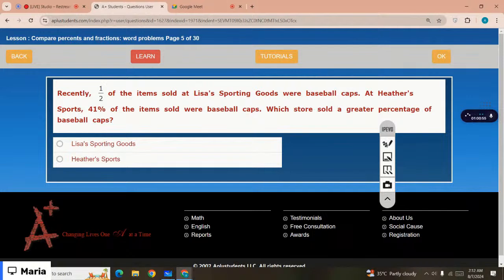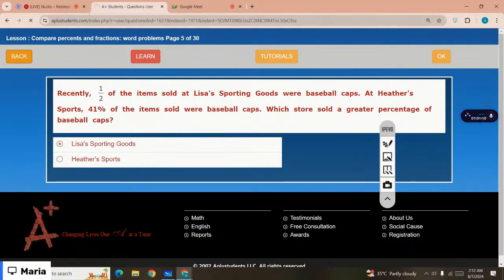Yes, 50% is more than 41%. Half means exactly 50%, right? So, that means Lisa did a greater percentage than Heather's. The correct option is Lisa. Okay, you can complete the lesson by yourself later today.